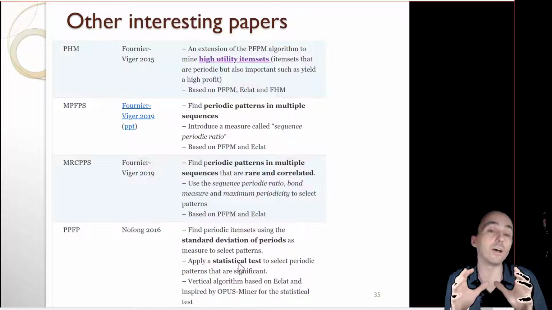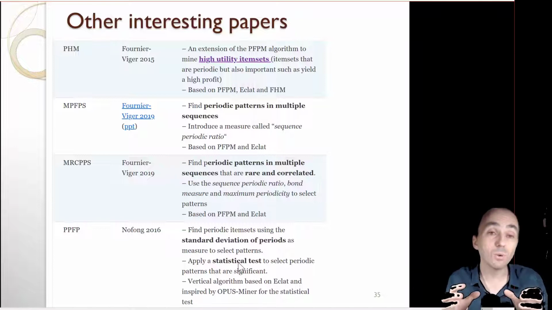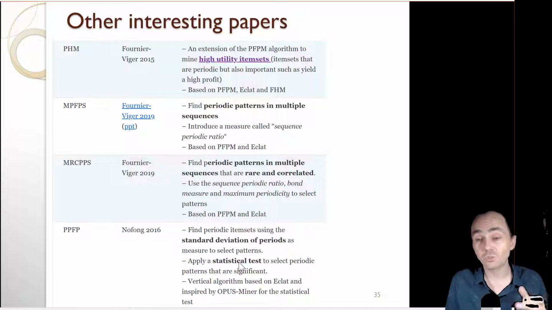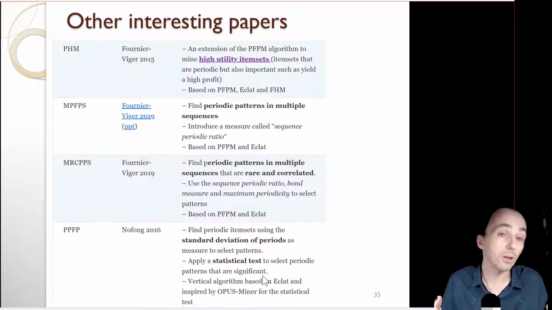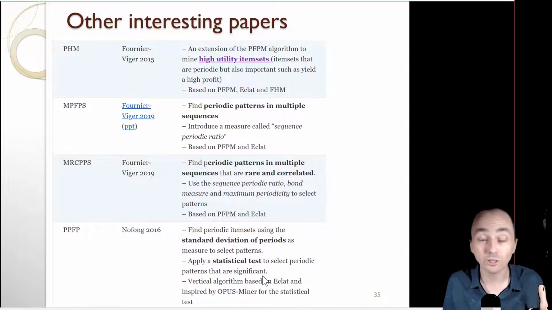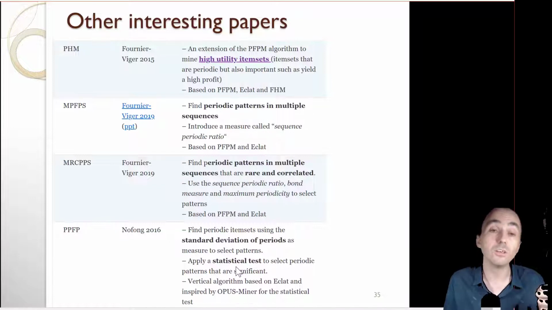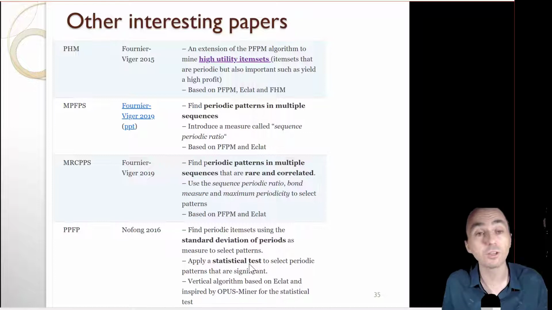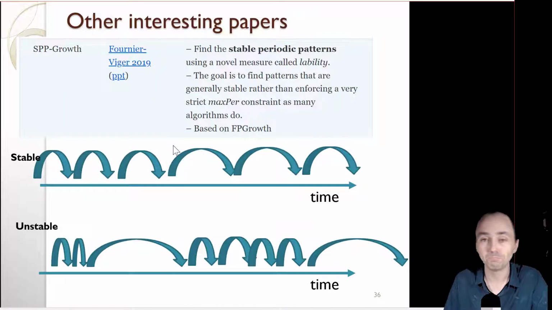They want to find patterns that are significant, not just random. A lot of algorithms will find patterns that are periodic, but maybe not significant. So here it is more complicated, but they use the statistical test to find the significant patterns. This is interesting work.